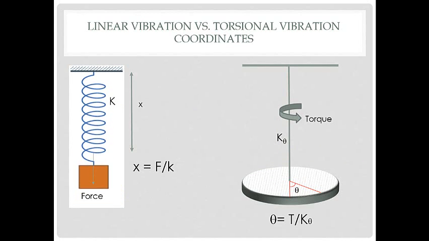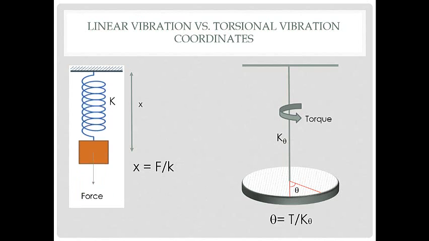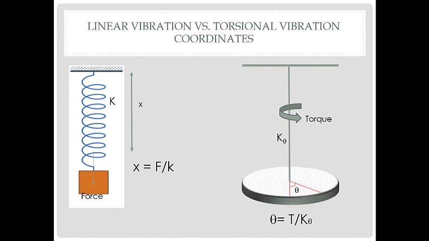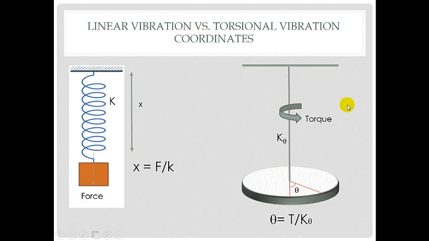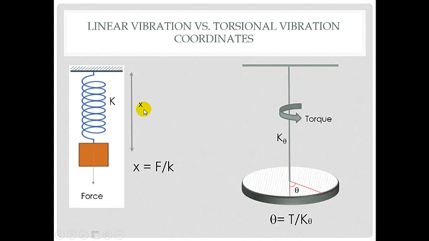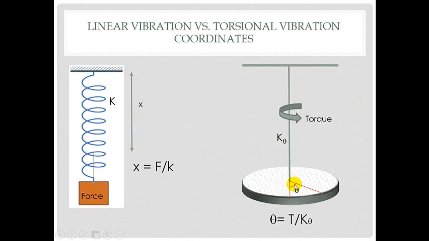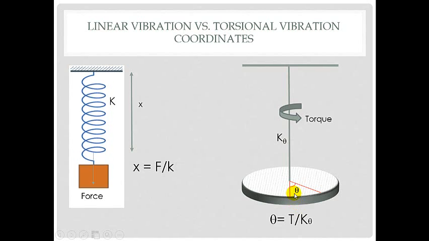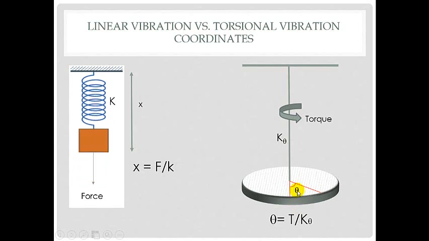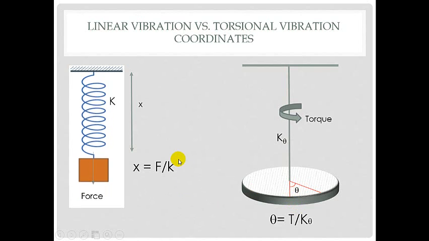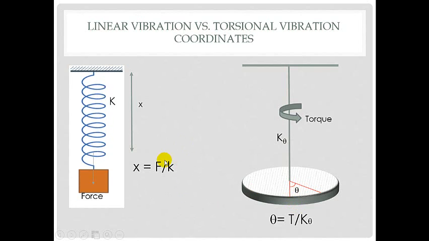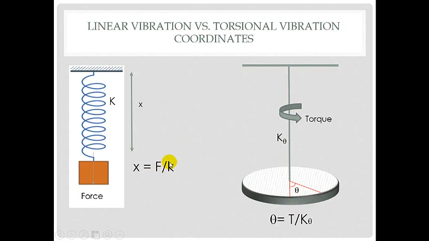Now, the one important thing about torsional vibration versus linear vibration is essentially the coordinate that we're using. In linear vibration, the classic coordinate that we use is x for linear displacement, and in torsional vibration we consider angles. So really the coordinate that we use, the generalized coordinate, is theta. If you recall classic physics, F is equal to kx.